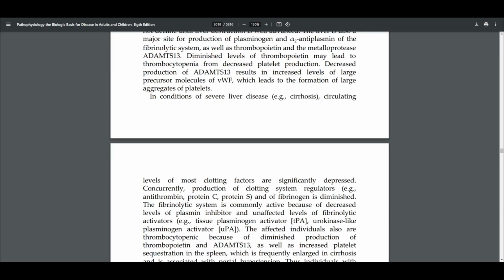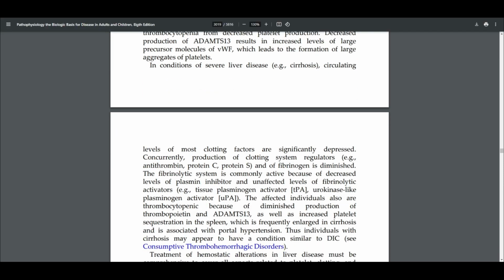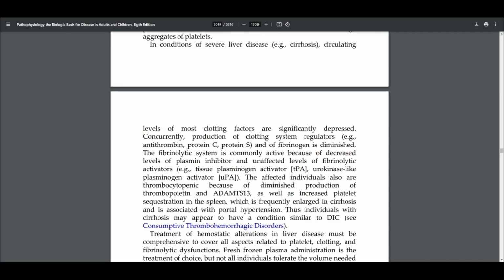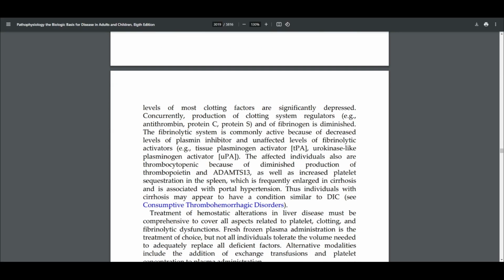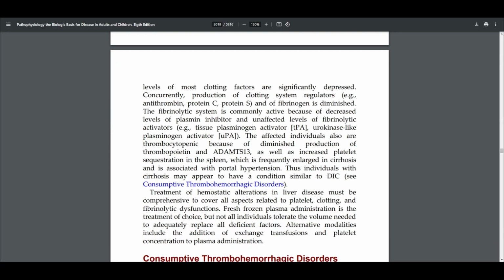In conditions of severe liver disease, circulating levels of most clotting factors are significantly depressed. Concurrently, production of clotting system regulators and of fibrinogen is diminished. The fibrinolytic system is commonly active because of decreased levels of plasmin inhibitors and unaffected levels of fibrinolytic activators.